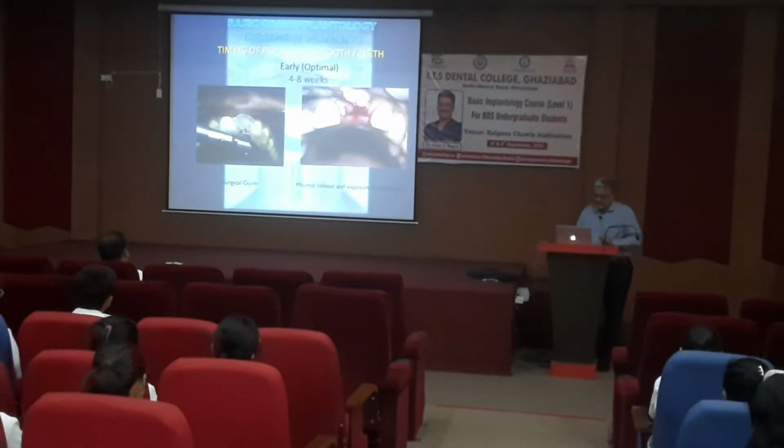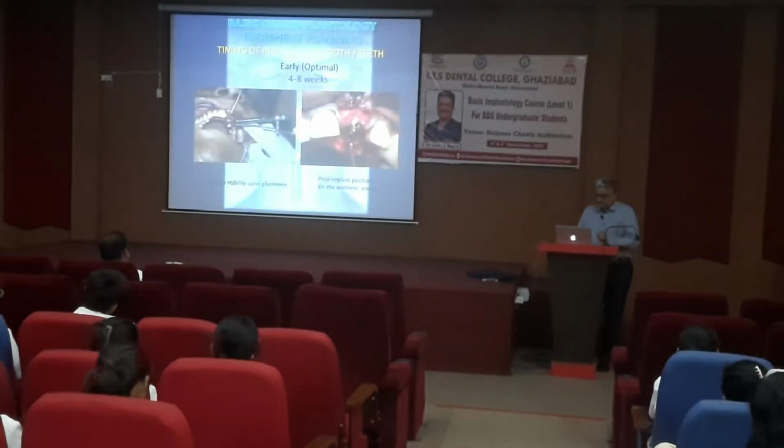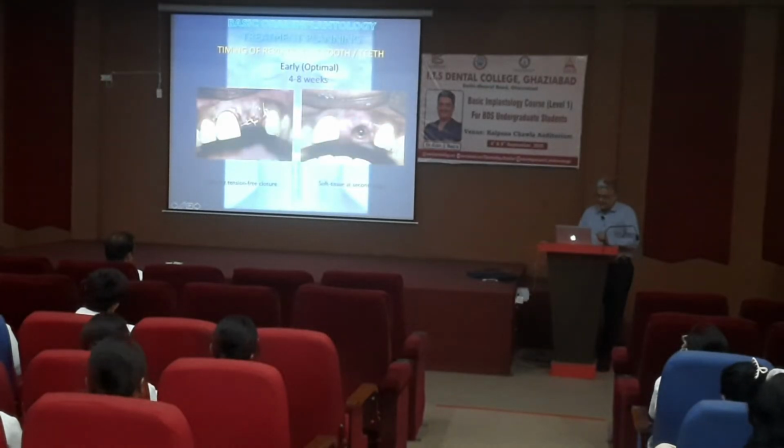So again, this lost the tooth, placed the implant, got good primary stability. This shows around 35-40 Newton primary stability, good primary stability, grafted and sutured, and this is at the second stage.